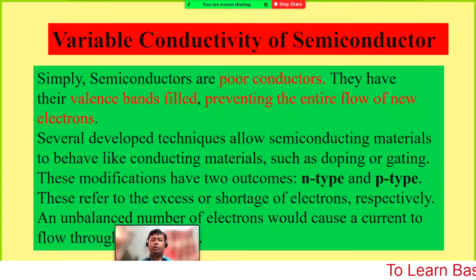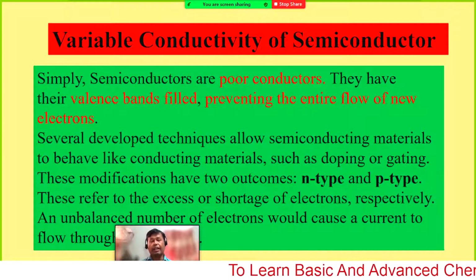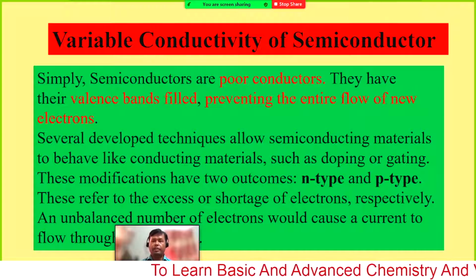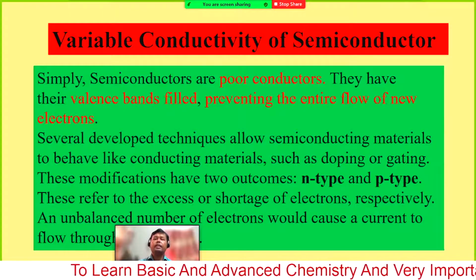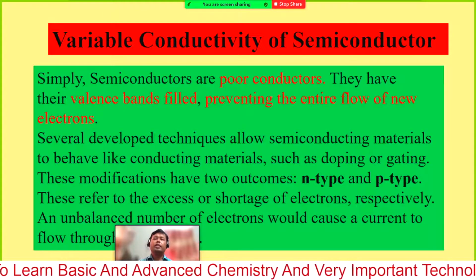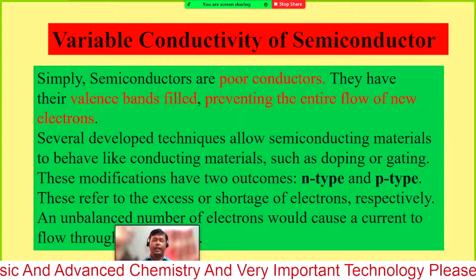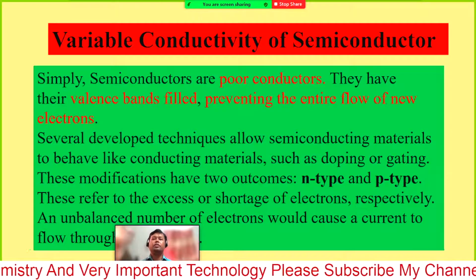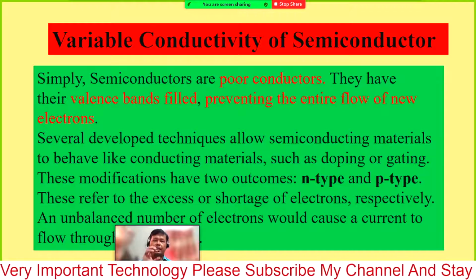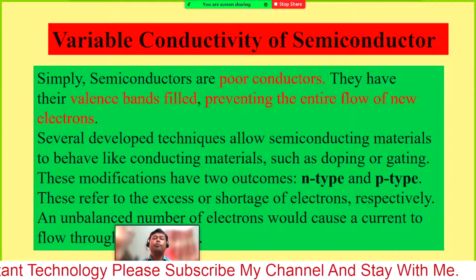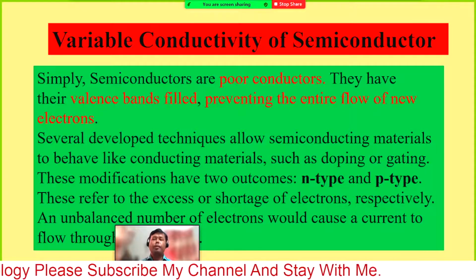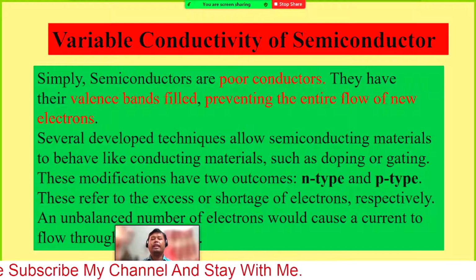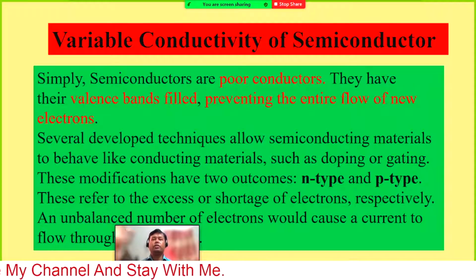Without free electrons, they cannot transfer electricity well. Therefore, some semiconductors have a completely filled valence band and cannot flow electrons at all. In that case we use the term poor conductors. So a pure semiconductor cannot transfer electrons or electricity.